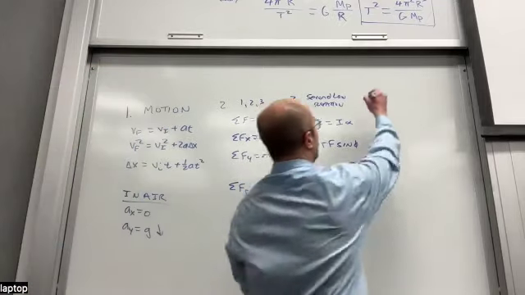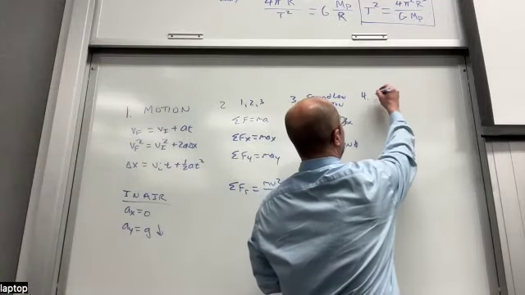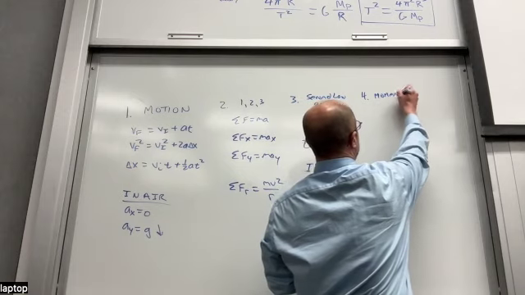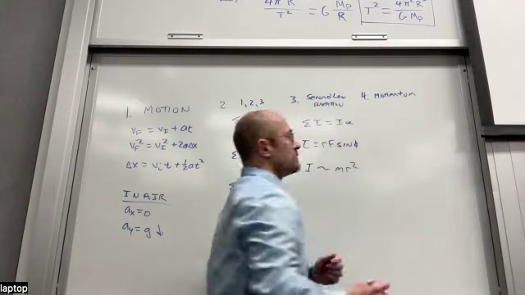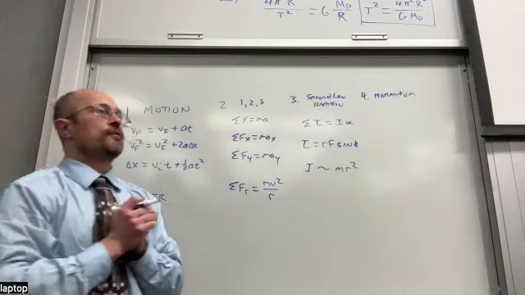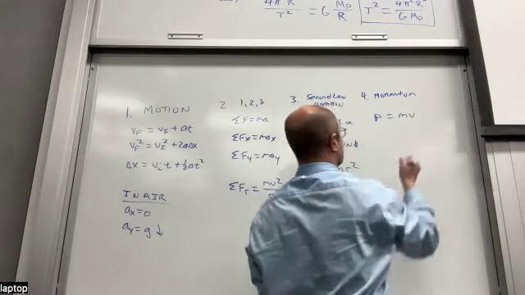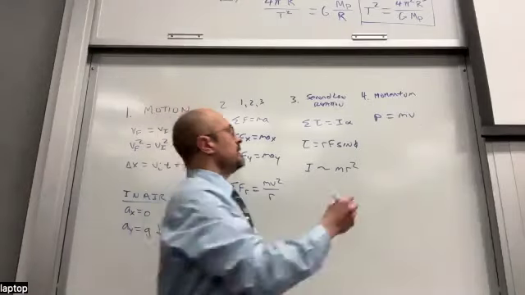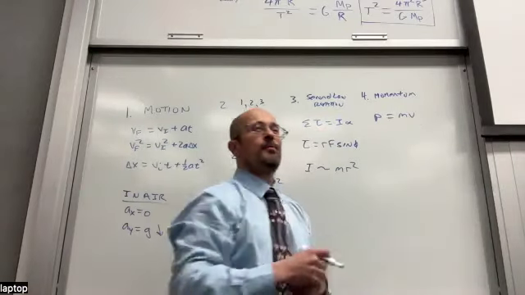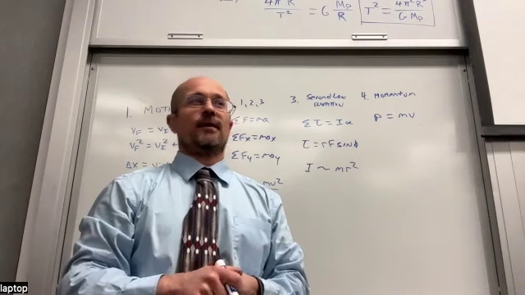All right. Number 4, this was going to be momentum. First off, we said that momentum P is mv. Then we also said, did the book use I or J for impulse?